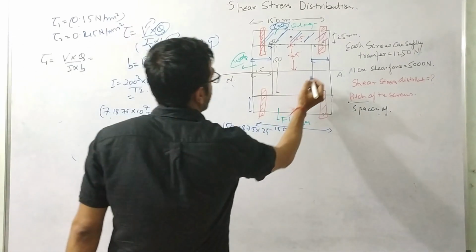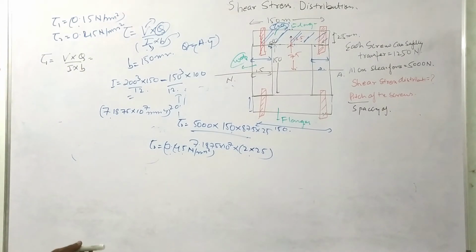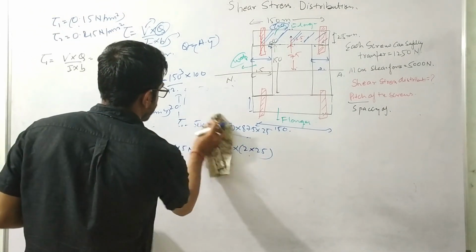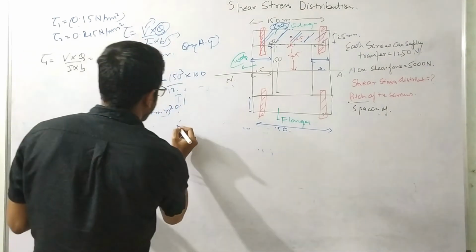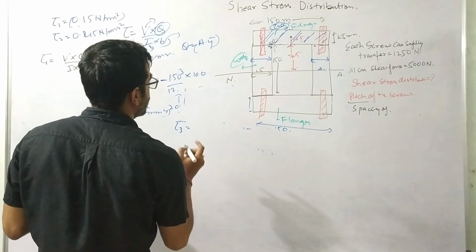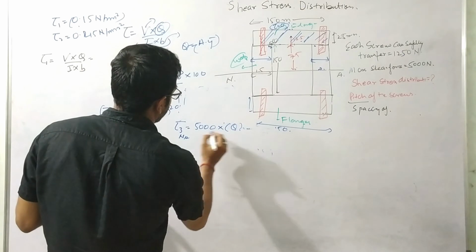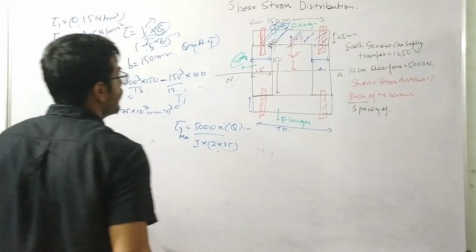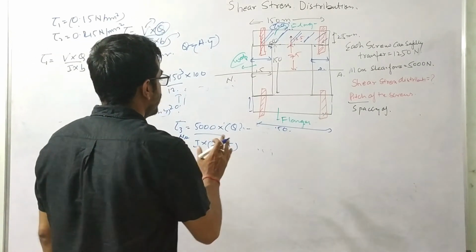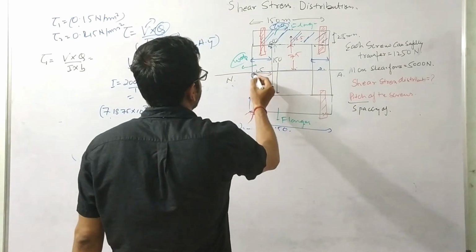Now I'll calculate tau3 at this junction, the neutral axis level. Tau3 at the neutral axis level is 5000 into Q over I into B. B is again 2 into 25. So I need to calculate the first moment of area about this neutral axis, for the area where I want to find the shear stress.